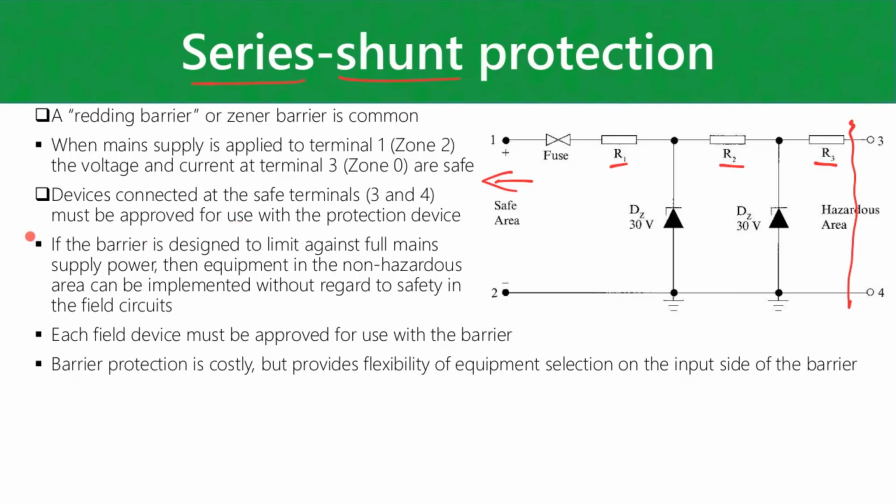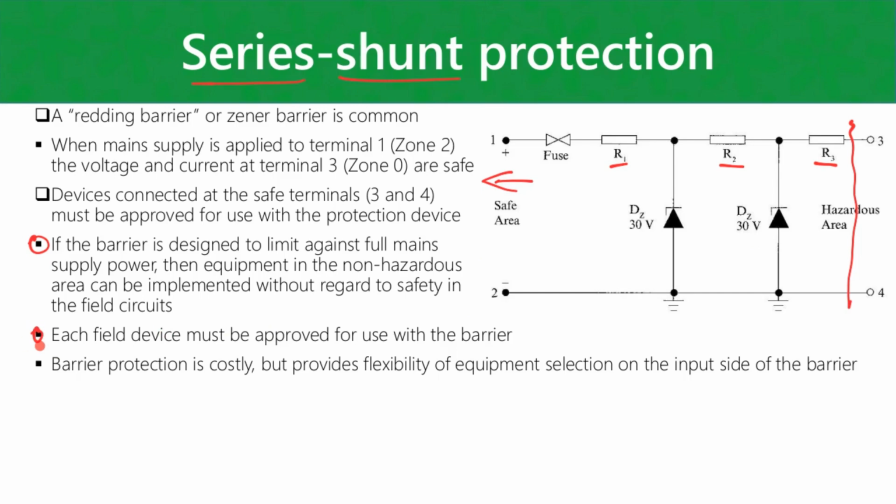Then also something to consider there as well. If that barrier is designed to limit against full mains supply power, then equipment in the non-hazardous area, so in the safe area, can be implemented without any regard to safety in the field circuits. And your field circuits would be the circuits within your hazardous area. There are some conditions though that do have to be met.